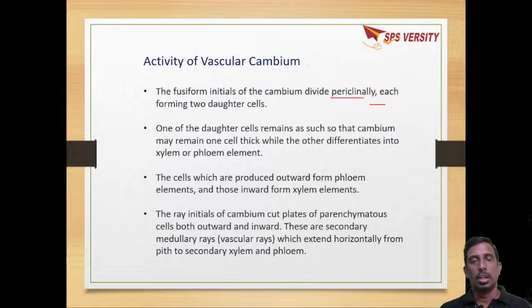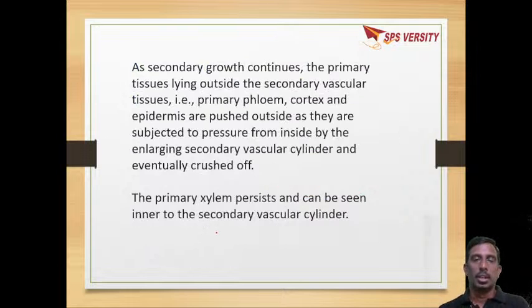The cells which are formed towards outside develop into secondary phloem, and those formed towards inside develop into secondary xylem. और रे इनिशियल्स से आने वाले सेल्स, that is secondary medullary rays, extend horizontally from pith to secondary xylem and phloem. So from fusiform initials, towards inside secondary xylem is formed and towards outside secondary phloem is formed.